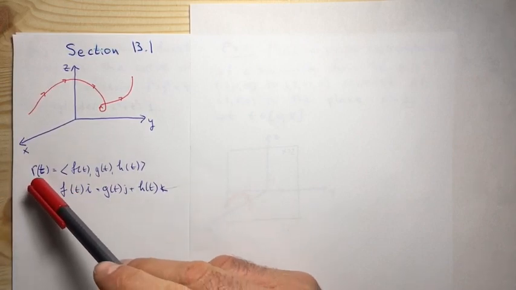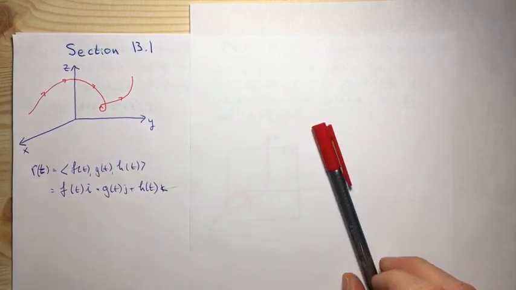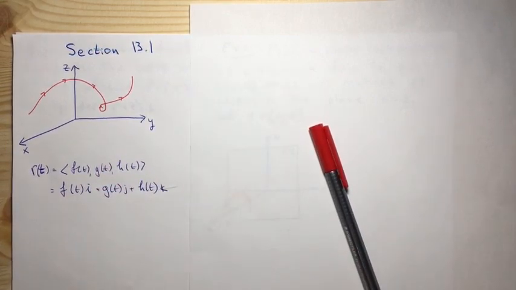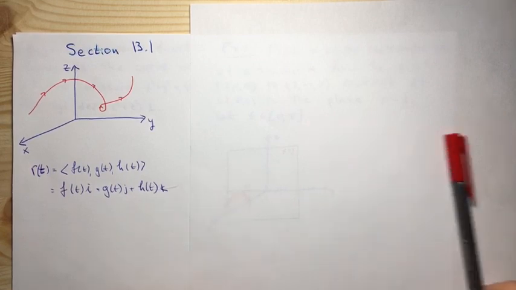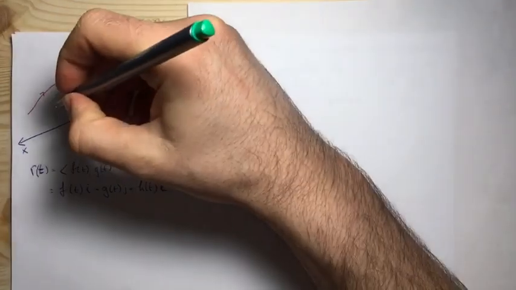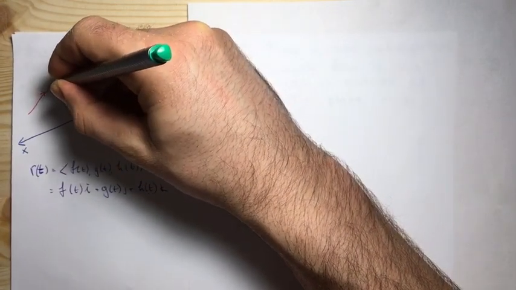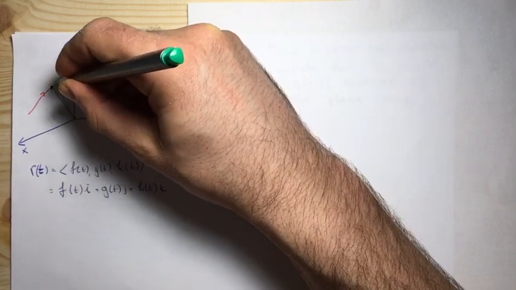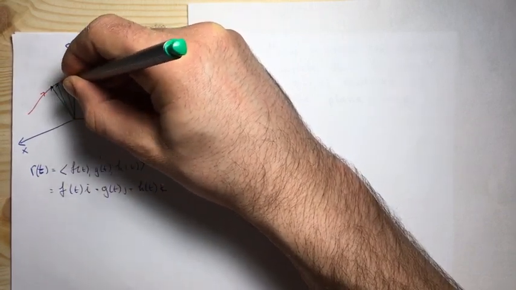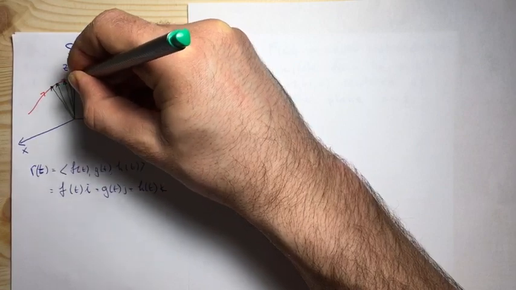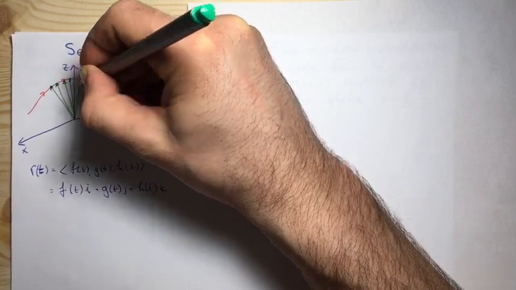So what this vector function does is take real numbers as inputs and give vectors as outputs, such that the terminal points of these vectors describe each point on the curve, whether it's in 3 dimensions or in 2 dimensions.